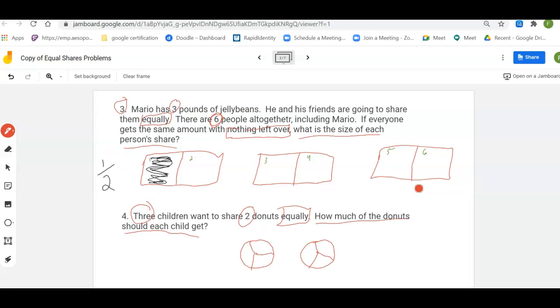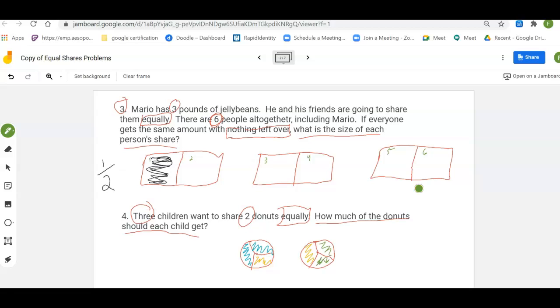So now we have to figure out, 3 children want to share 2 donuts equally. How much of the donuts should each child get? So this would be the first child, and the second child would get 2 parts of it. And what about the third child?